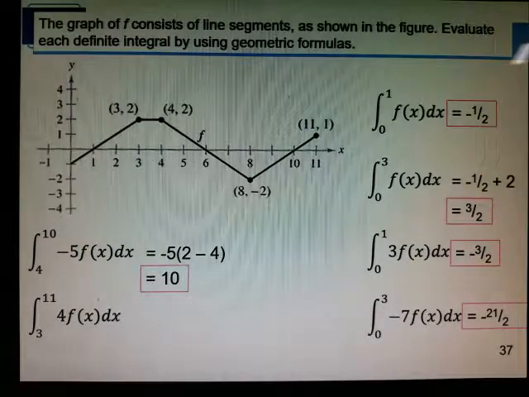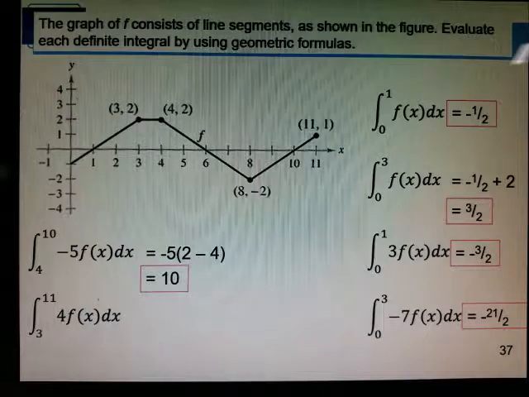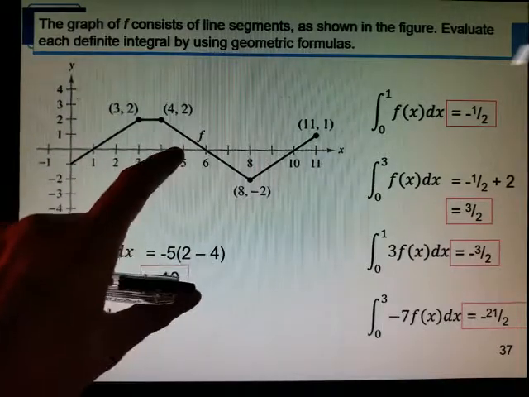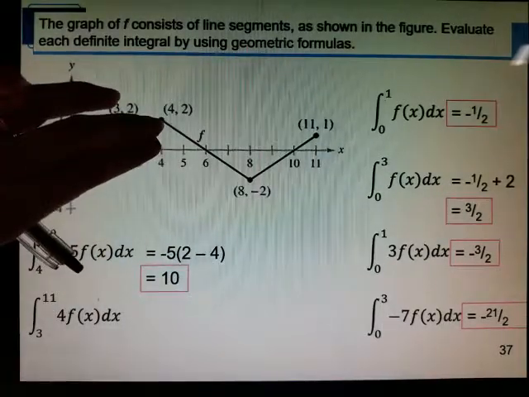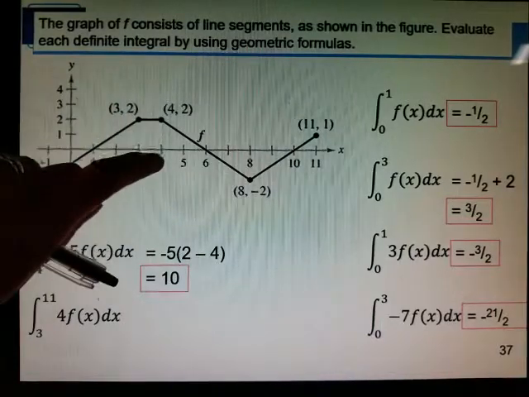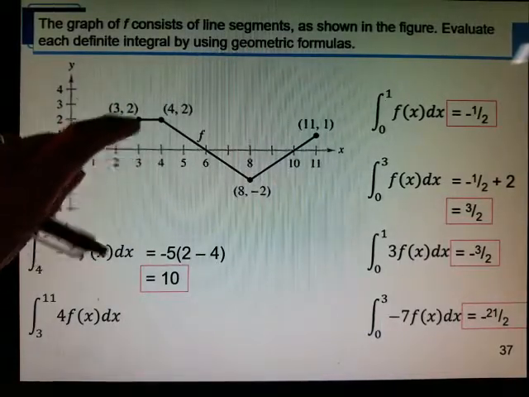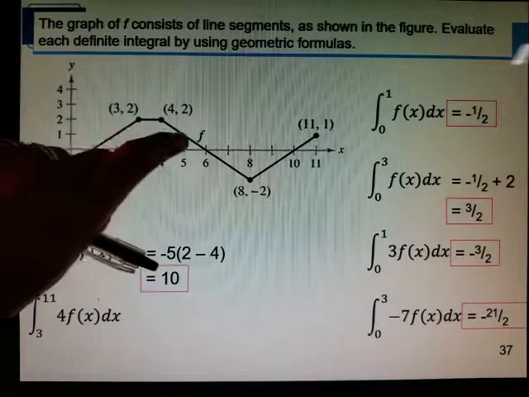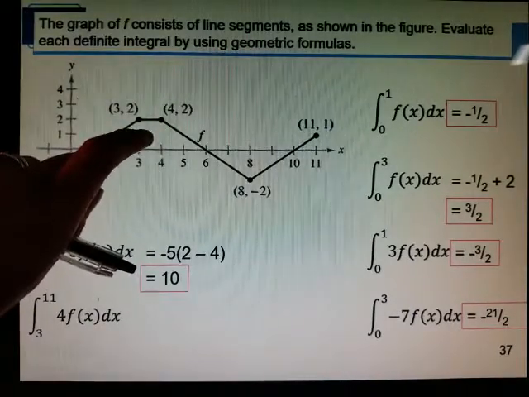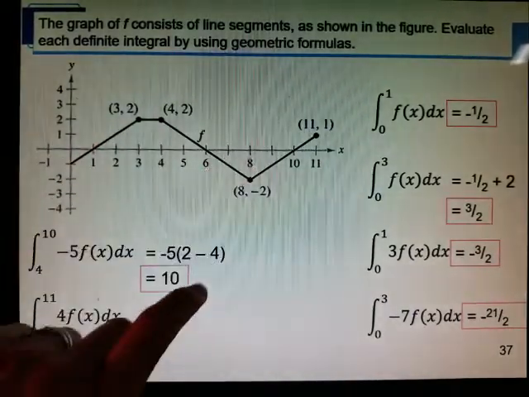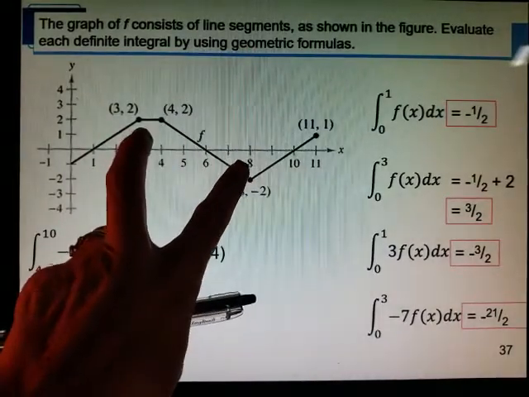So what if we needed from 3 to 11? From 3 to 11, we just found this piece here, right there was 2. This piece, length here is 1, this is 2, so that's another 2. So 2 plus 2 there is 4. We found that to be -4, so those two actually zero out.